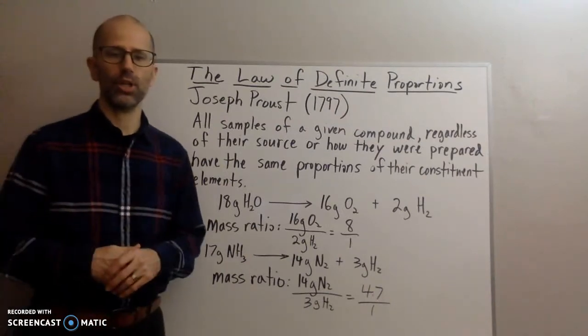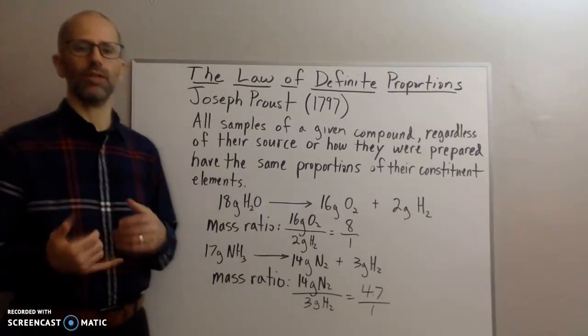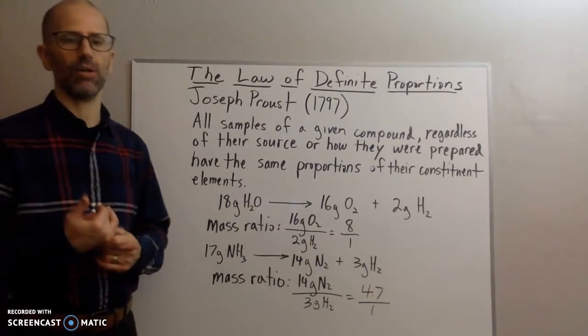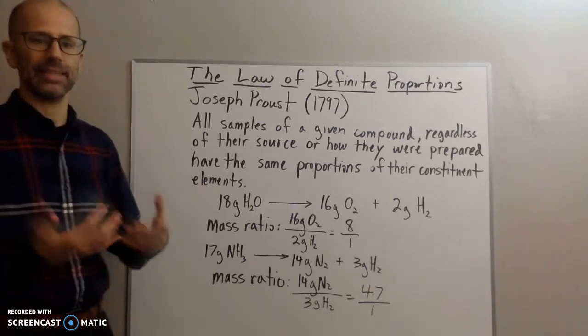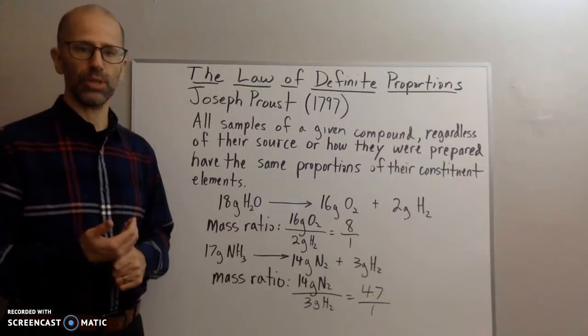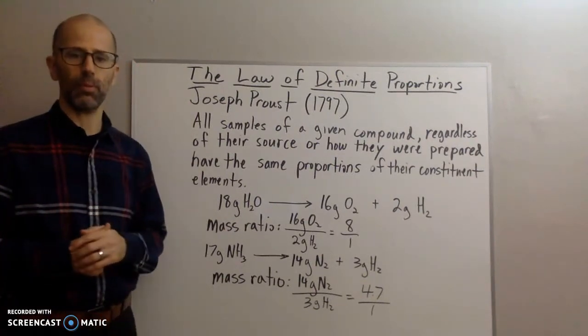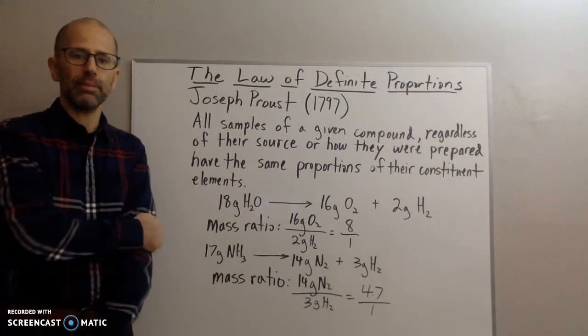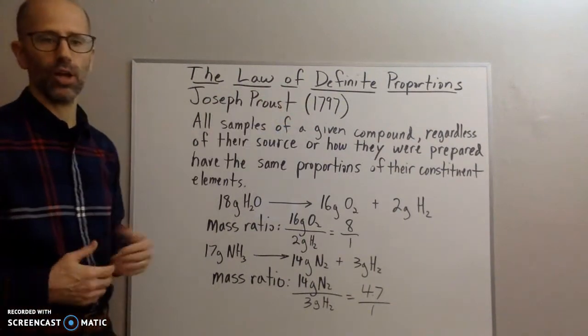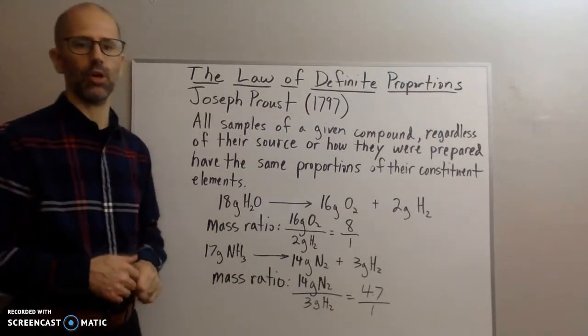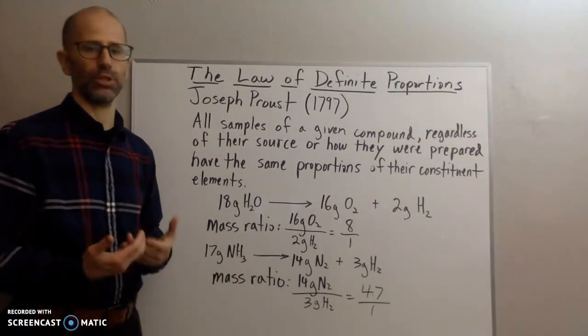In the last video, I was talking about the law of conservation of mass and how the atomic theory is consistent with what we observe. And so today we're going to be talking about the law of definite proportions. Definite is another word for constant. So the law of constant proportions.